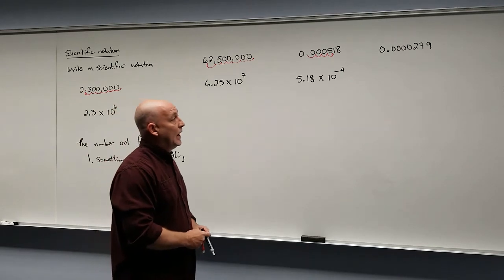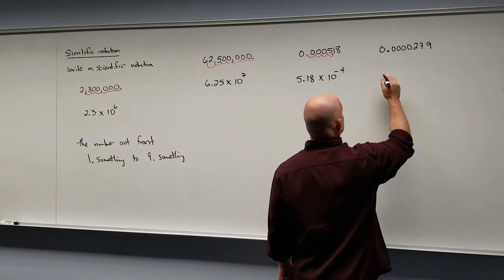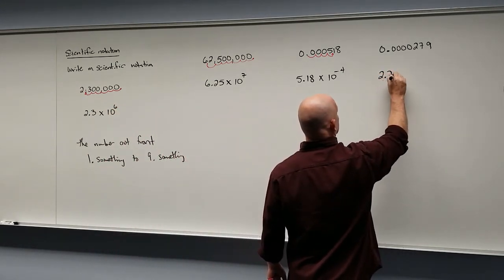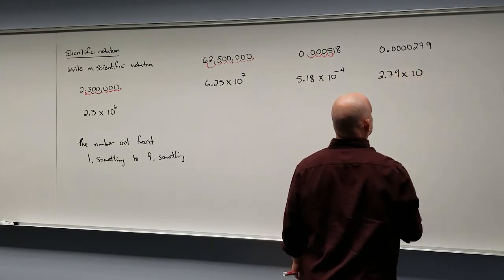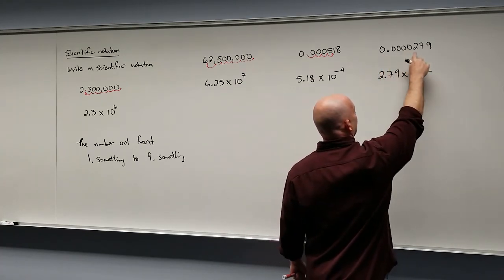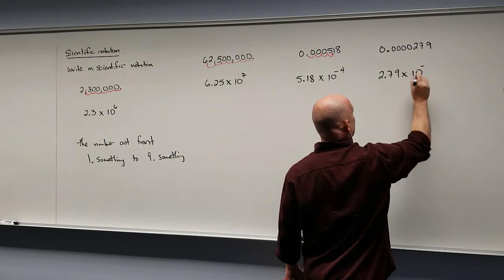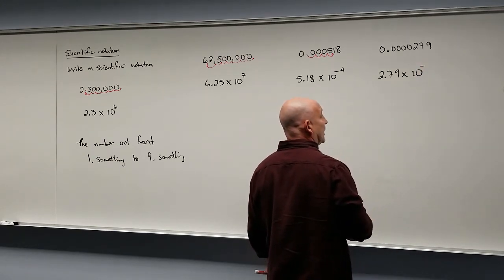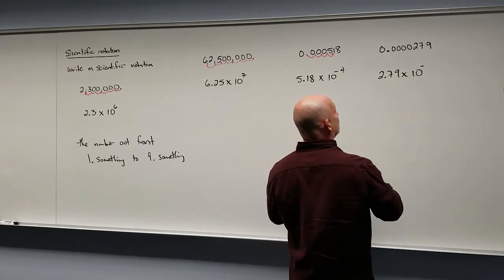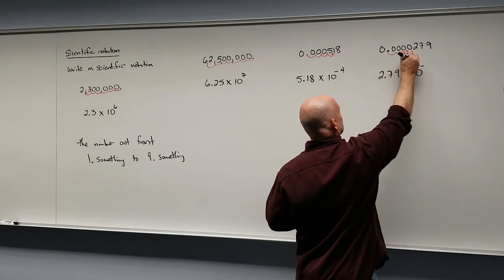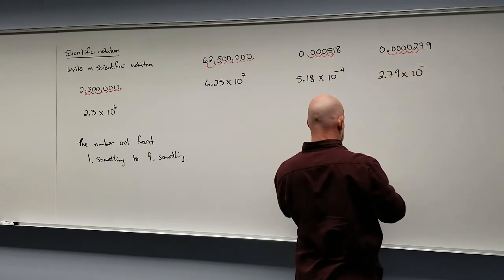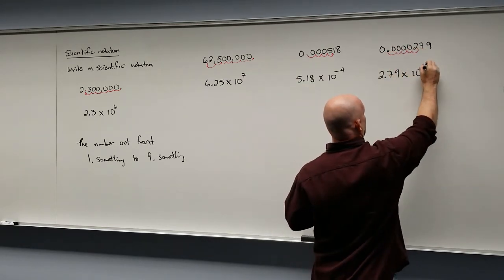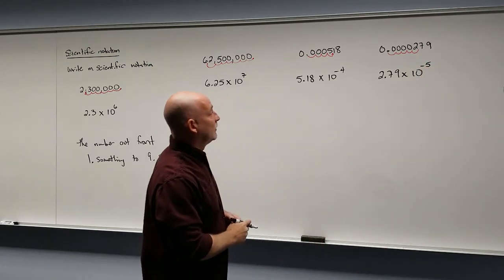All right, so if you're back, we're going to move the decimal between the 2 and the 7. That makes it 2.79 times 10 to the something. By moving the decimal, I made the original number bigger, so to get it back to where it was, I'm going to have to make it smaller, so I have to divide by 10. And how many places did I move that decimal? 1, 2, 3, 4, 5 places. So I'm going to have to divide by 10 to the 5th.